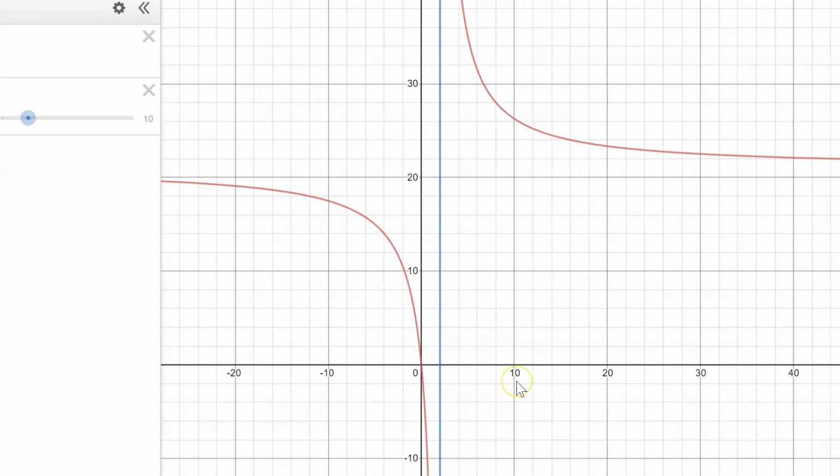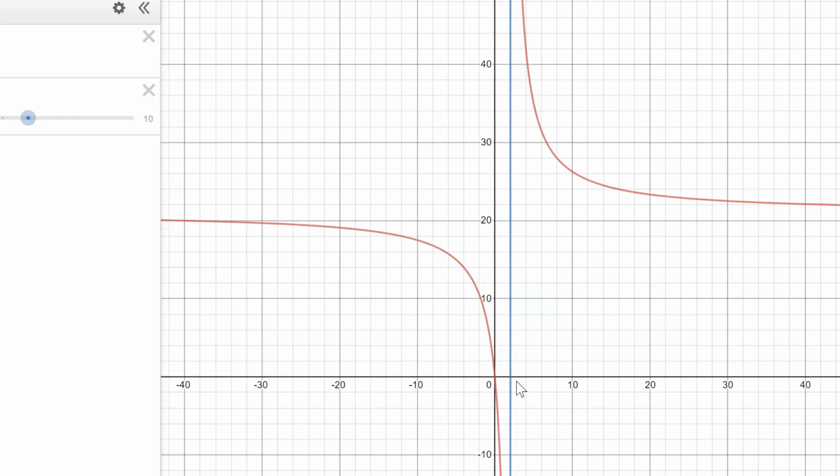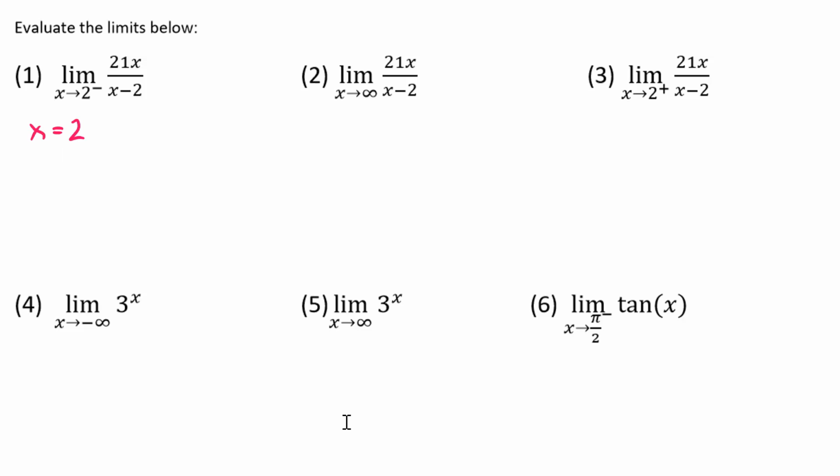Once you've done that, we can see that as x approaches 2 from the right, the graph approaches positive infinity, and from the left it approaches negative infinity. So we can go back to our problems. From the left, negative infinity. From the right, positive infinity. So it does not exist.